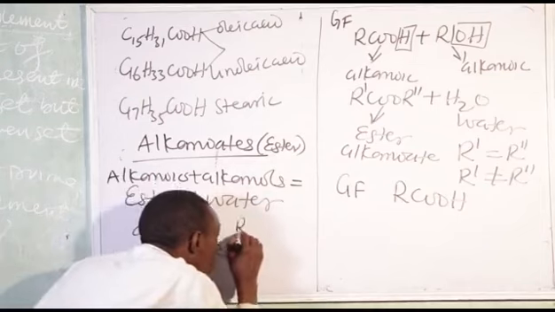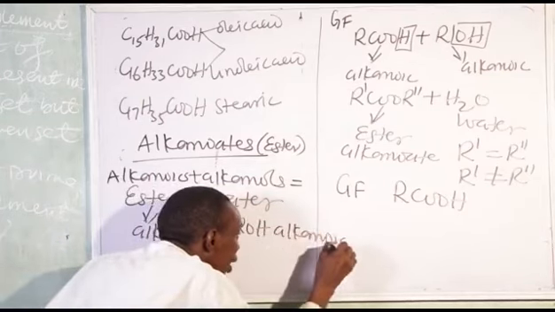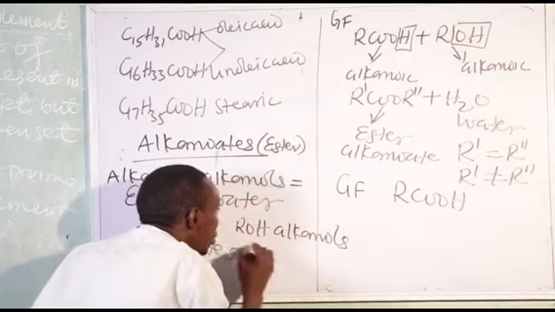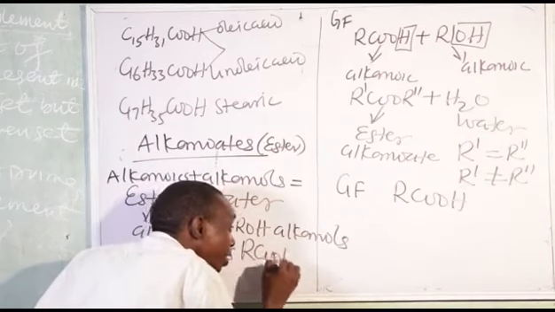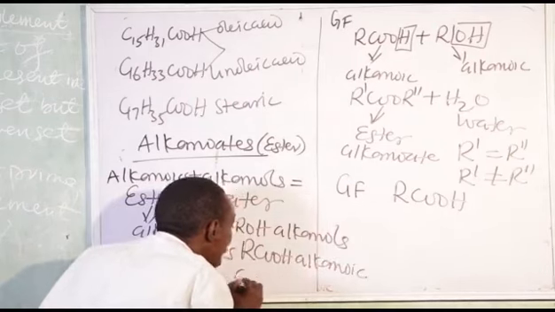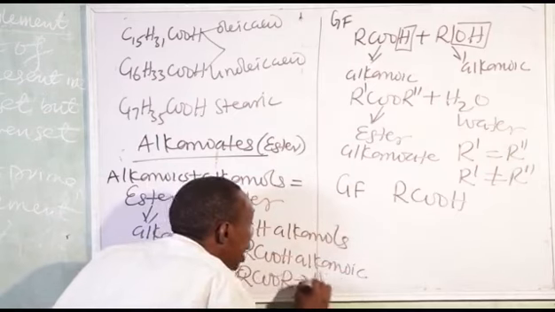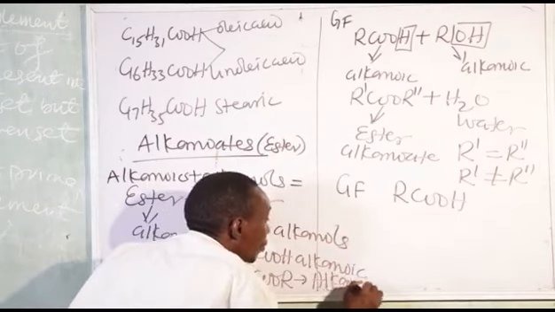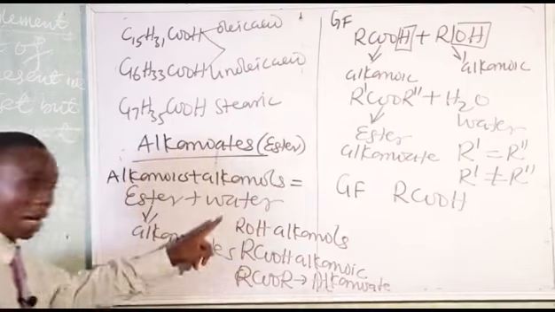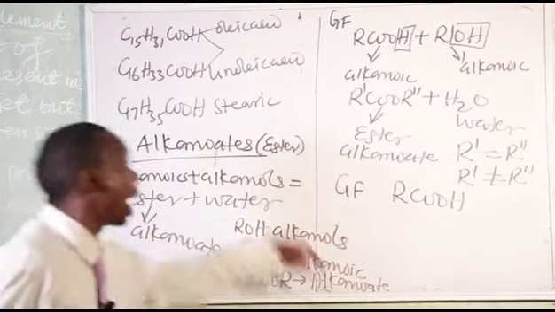Remember, alkanol is ROH. Alkanoic is RCOOH. RCOOR is our alkanoate. So alkanol ROH, alkanoic RCOOH, alkanoate RCOOR.